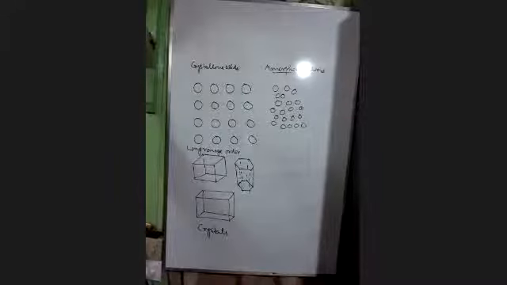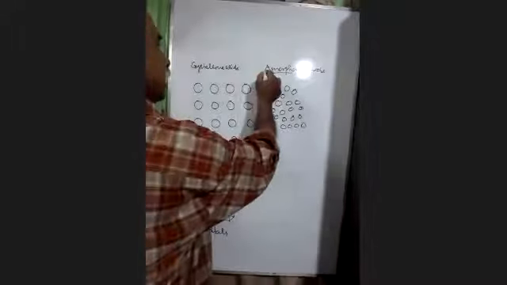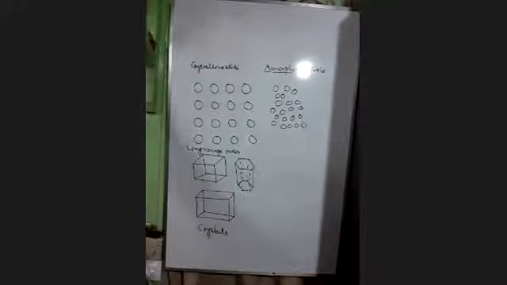It may be a botanical species or a zoological species. So a kitten will look like a cat only. The cub of a tiger also looks like a tiger. So they have a similar morphology. The moment we put the letter A, it means the opposite of this. So amorphous means which does not have any fixed shape. So we call it amorphous solids.